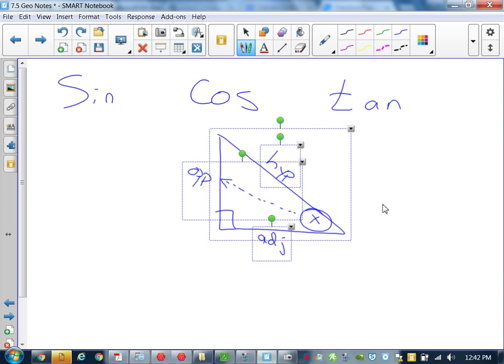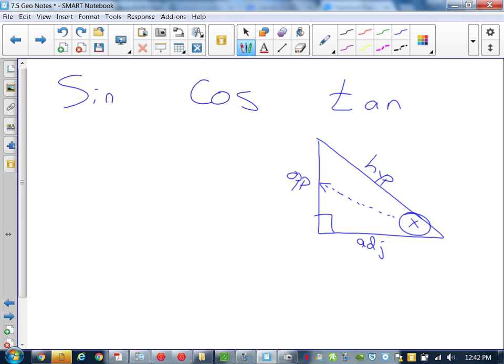So the 3 trigonometric function buttons that you have on your calculator are sine, cosine, and tangent. They're spelled sine, cosine, and tangent.